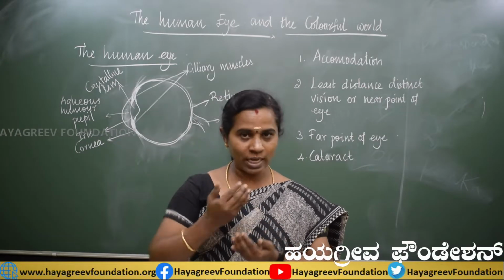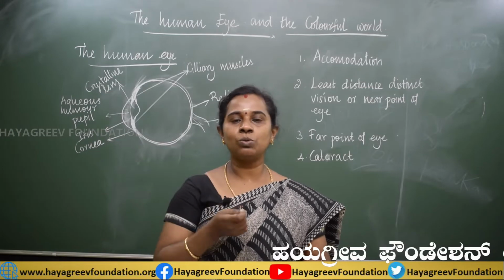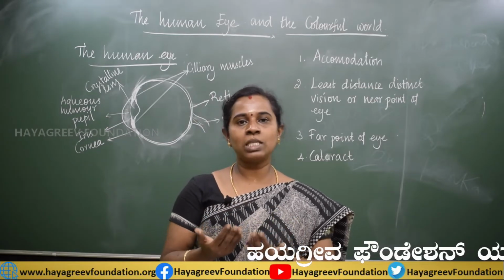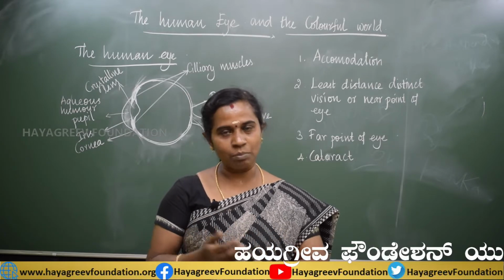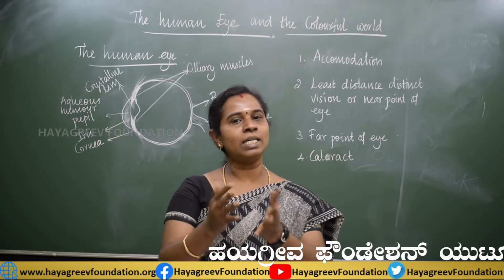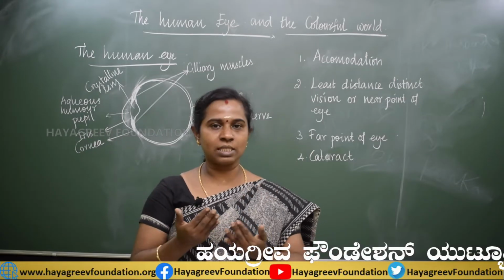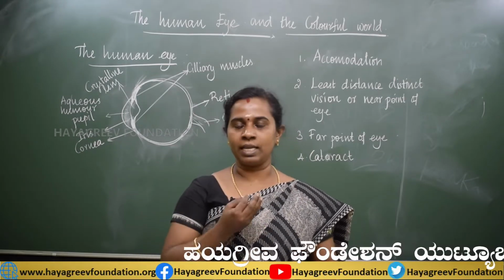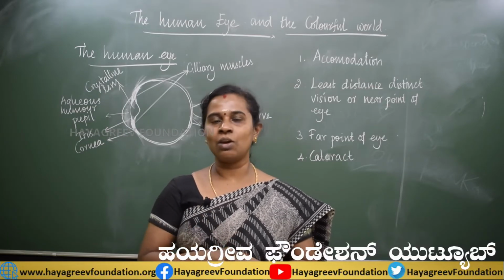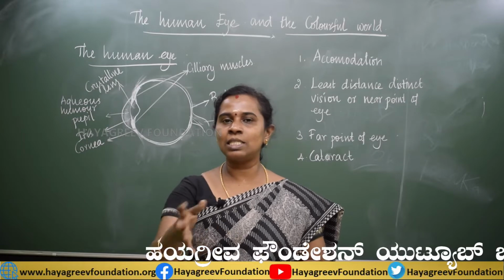So you want to read that image, you give strain to your eyes. When we want to see an object or read a book very clearly, we hold the book up at one particular distance. The minimum distance from the eye at which we can see an object clearly and distinctly is called the least distance of distinct vision.